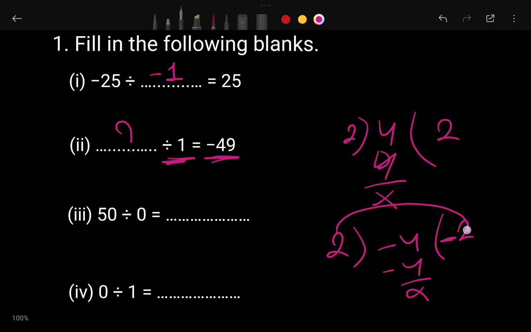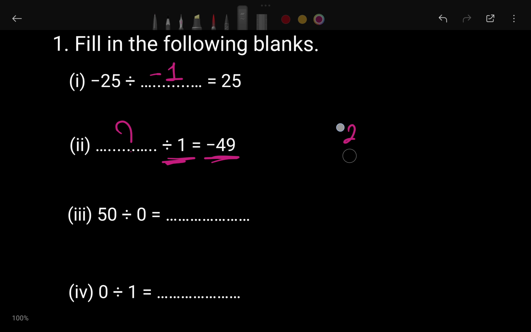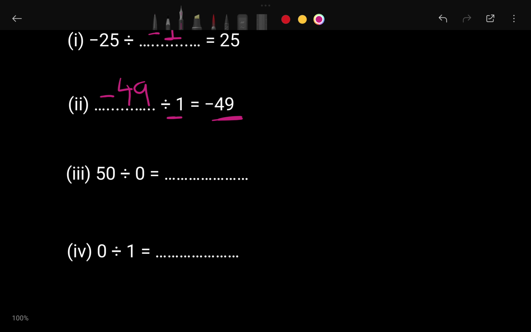If you don't put minus here, then 2 twos are 4 only, but if you put minus, then 2 into minus 2 is minus 4. That's the answer. So if you divide minus 49 by 1, the answer will be minus 49 only. It is clear. This is a very simple thing.